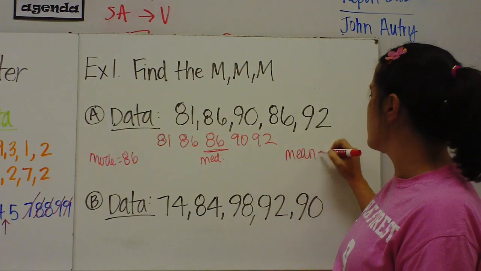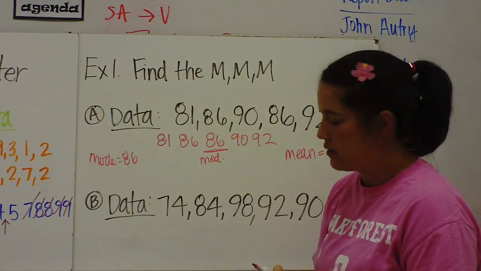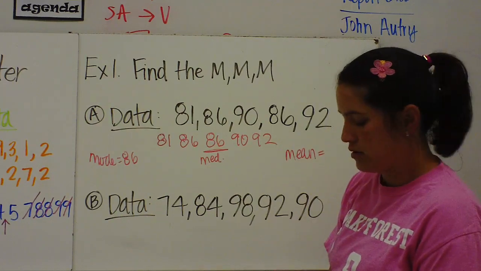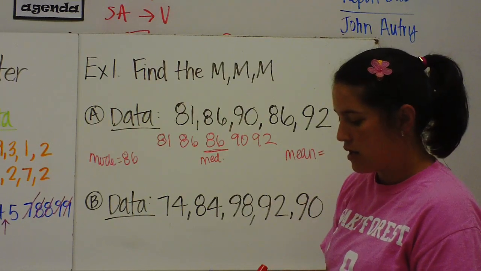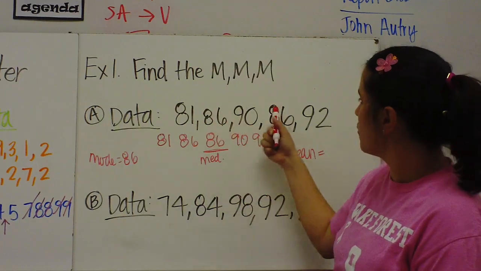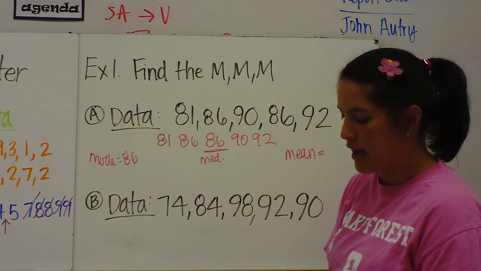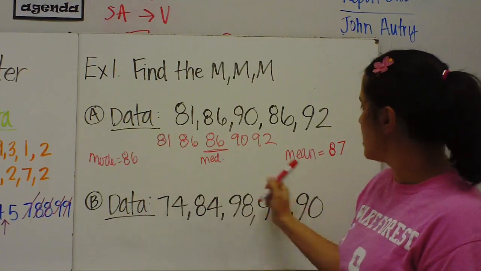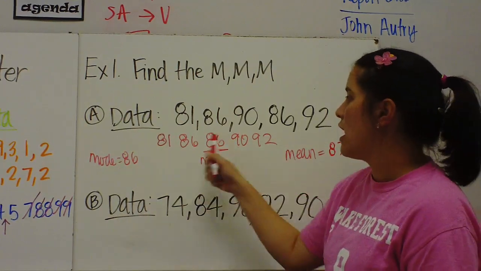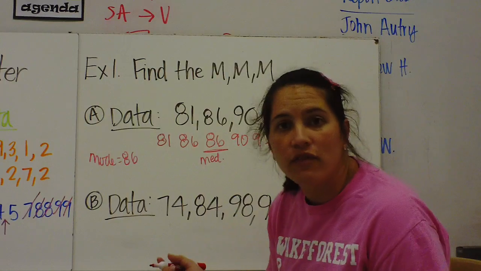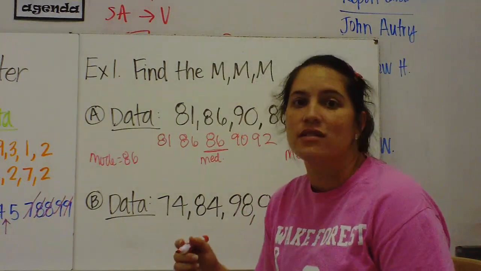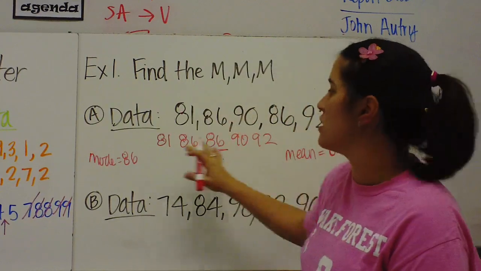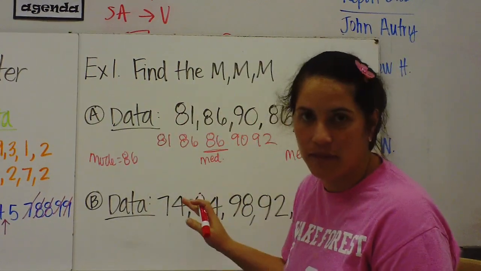And the mean, I need to add them up on your calculator. I'm going to divide by 5, and I get 87. So the mean, median, and mode are 86 and 87. All three of those are a very good measure of the center. They describe the center of the data. So the center is about 86, 87.